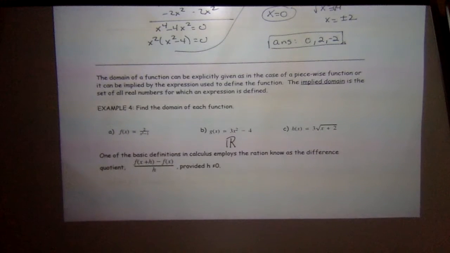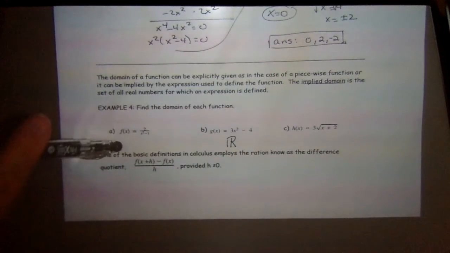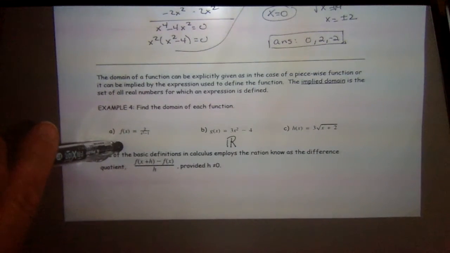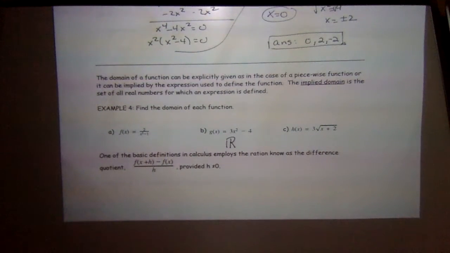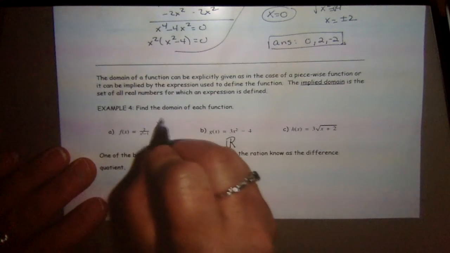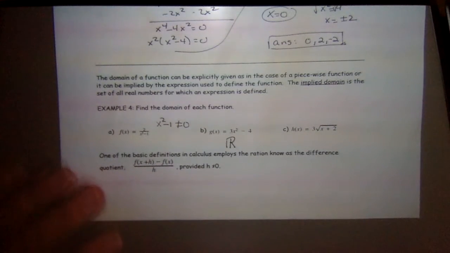Where we start getting into restricted domains is when we have a square root and when we have a fraction. What cannot happen when we're dealing with a fraction? Can't have 0 on the bottom. So for this one, x squared minus 1 cannot be 0. Can it be any other number in the universe?